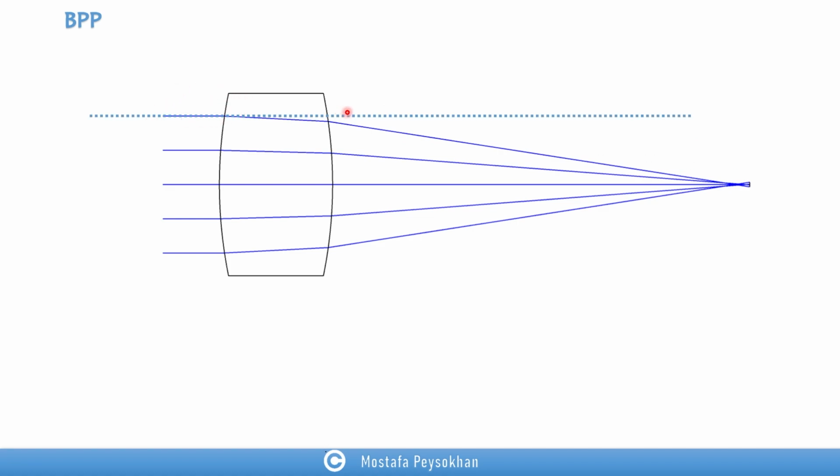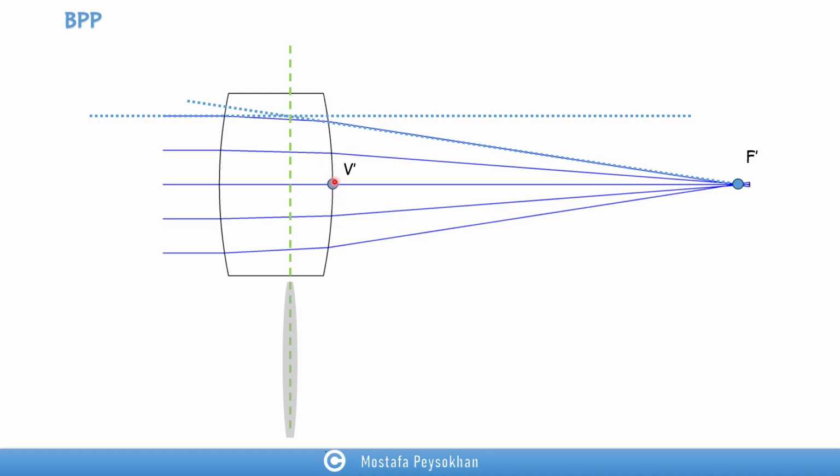So those are the rays that are coming from infinity, the rays that converge to a point. At the point that they cross each other, we have a plane, and this is the back principal plane of this optical system. So instead of this complicated lens, we can put a thin lens with the effective focal length, this distance that we can find, and this point is f prime.